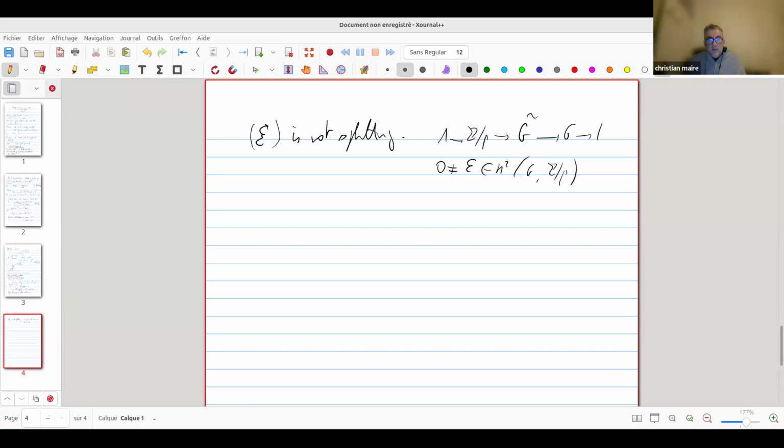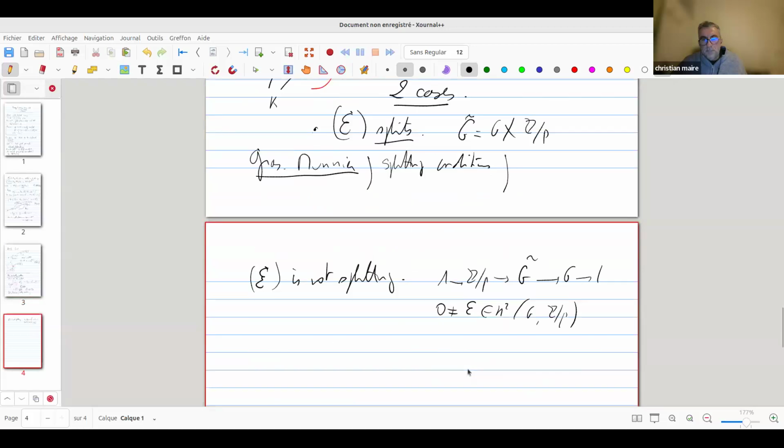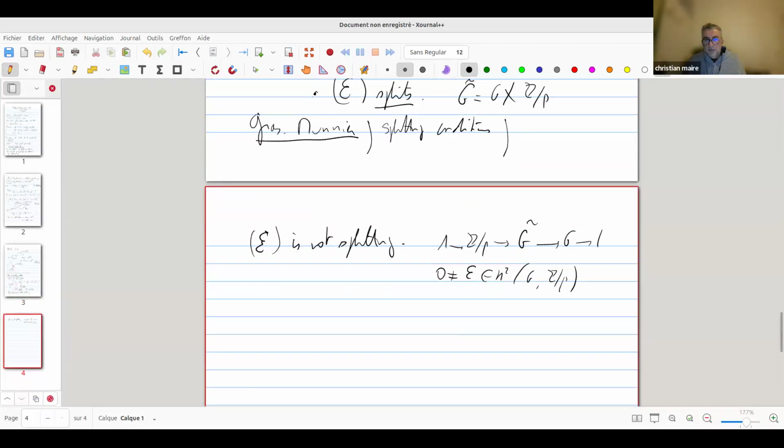And there is a very well-known result that explains how we can be sure that we can construct the G tilde. So maybe I have to produce it.